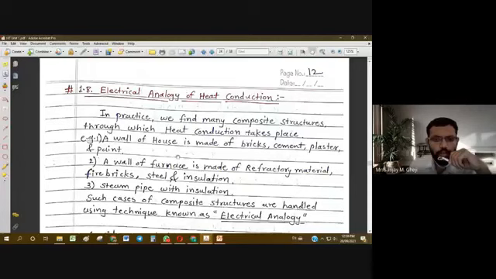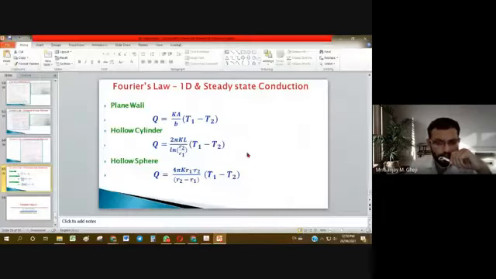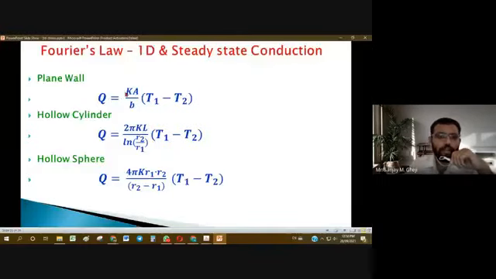Now, we are going to discuss the electrical analogy of heat conduction. Whatever formulae we have derived on this slide, for all three formulae, there is only a single material we have considered. We have considered a plane wall of a homogeneous single material.